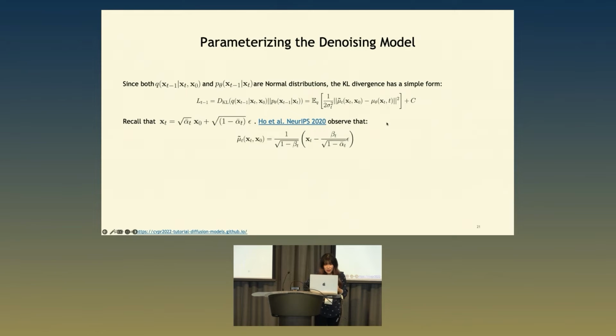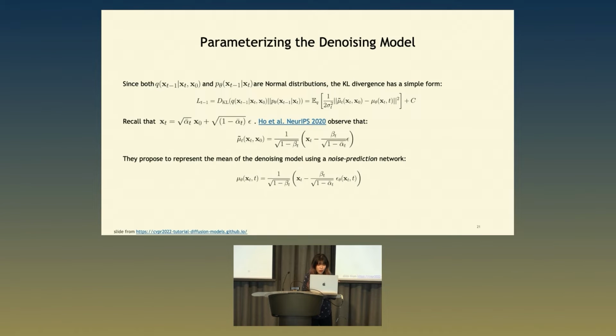So in the DDPM paper, they observed that we can write the posterior mean of this q distribution as a linear combination of the current noisy sample x_t and epsilon, which is the noise added to the clean sample in order to generate the noisy sample x_t. So therefore, they propose to parameterize the mu_theta network in a formulation pretty similar to the posterior mean of this q distribution.